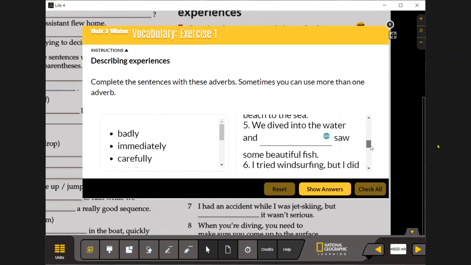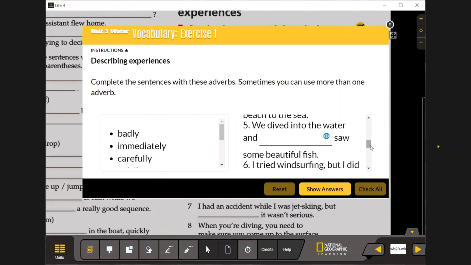Five. Remember that dive es clavado. Anybody? Carefully. Fortunately.